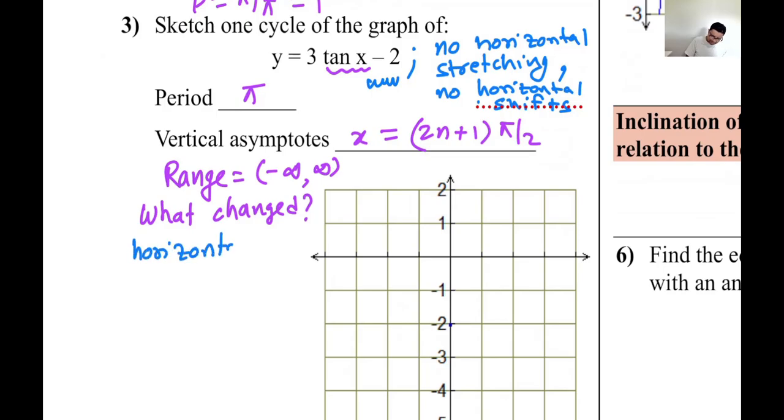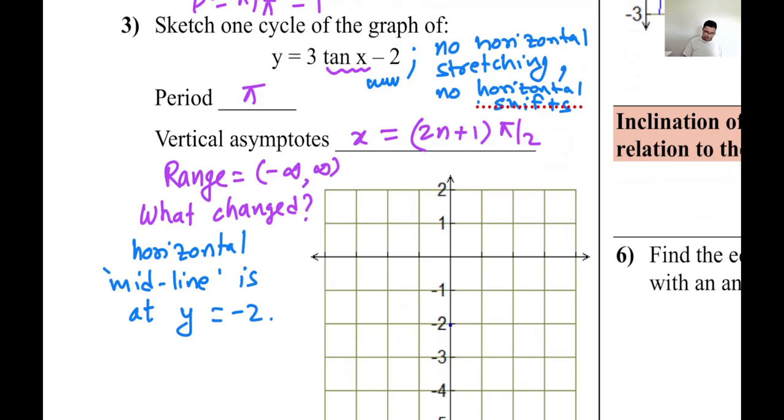I'll just call it midline, in informal language. It's not exactly average because this is from negative infinity to infinity. So I'll just call it midline. The line that is in the middle of the graph is at y equals -2. That's what has changed.